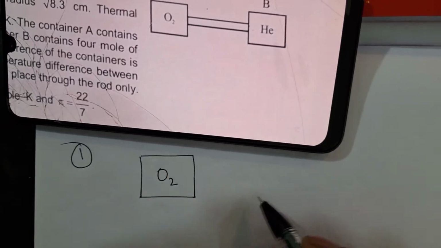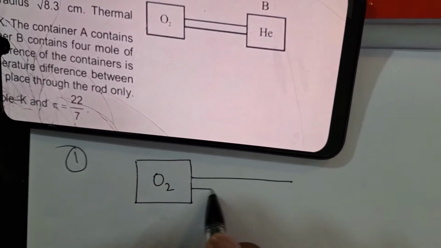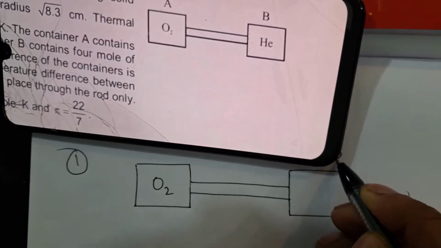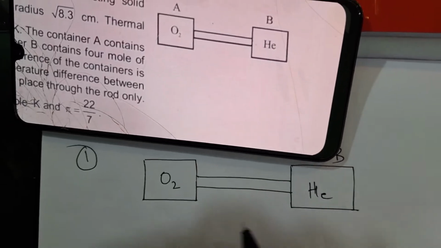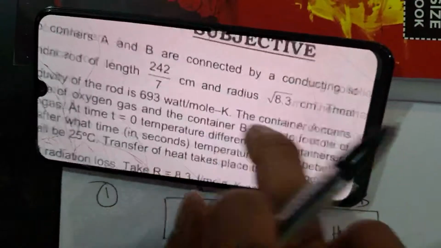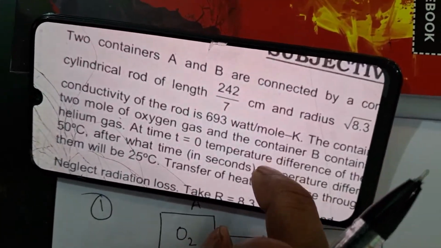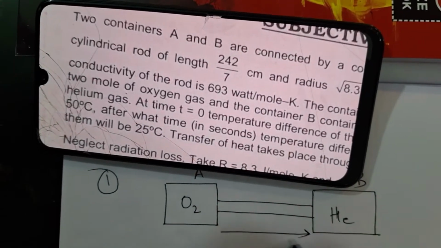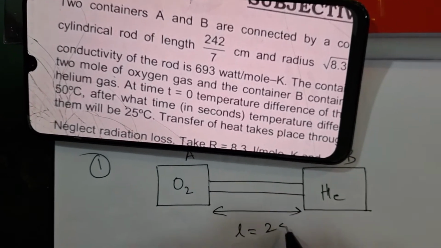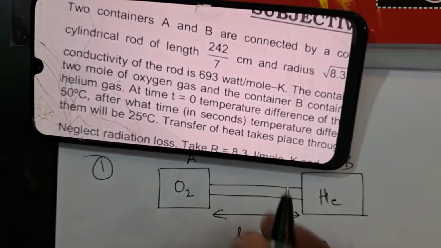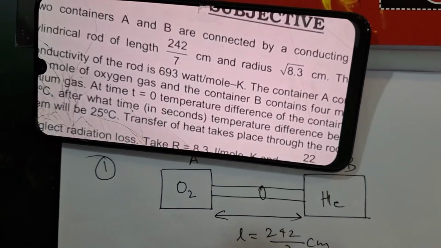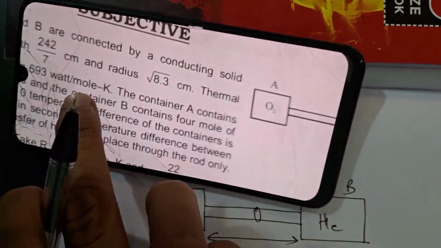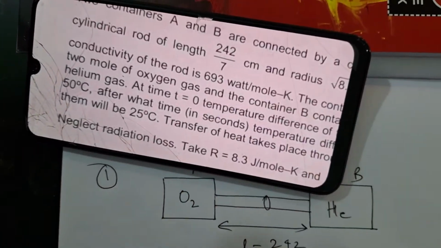This is the oxygen chamber. This is the helium chamber. Now read the question. Two containers A and B are connected by a conducting solid cylindrical rod of length and radius, with thermal conductivity.